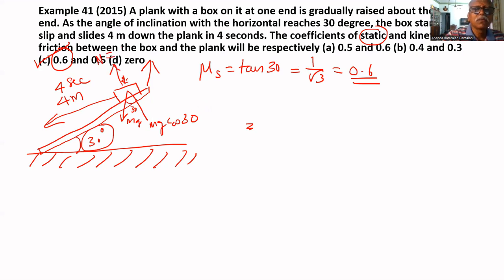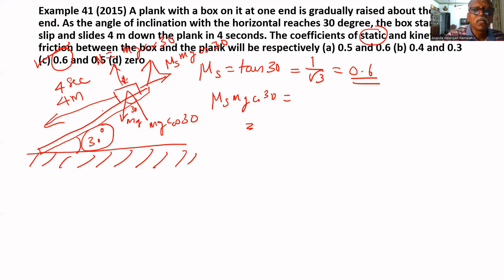Normal also equal to mg cos 30. This tends to slip down because of acceleration. That's why the reaction, frictional force will act in this direction. That is equal to mu mg cos 30. Mu into N, therefore mu mg. Now it tends to move, therefore mu s mg cos 30. Therefore, we can say that mu s mg cos 30 equal to opposite side.